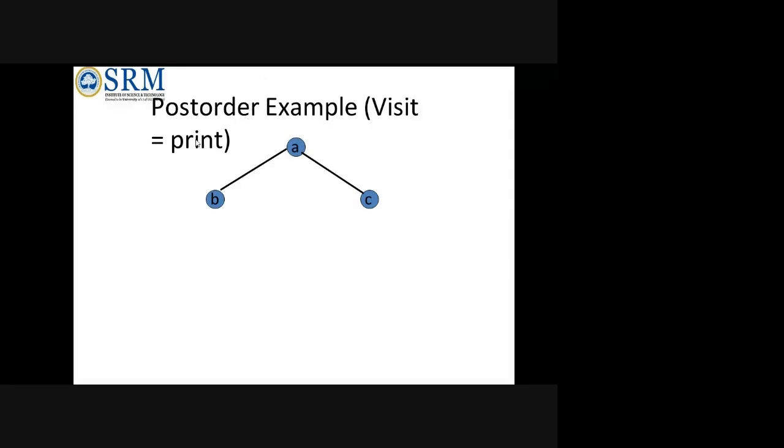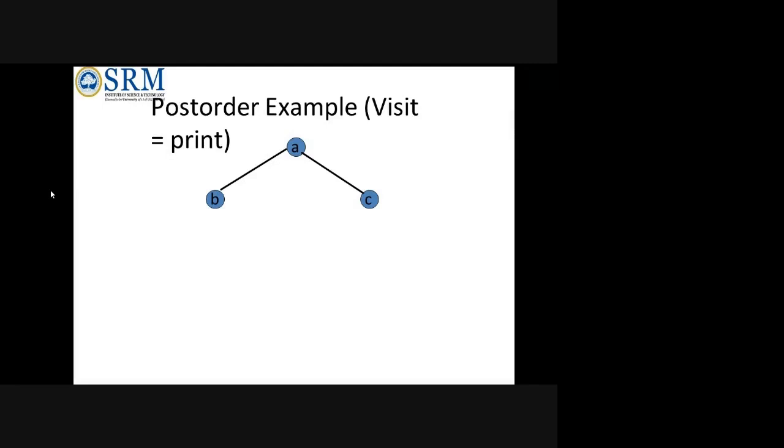But in-order you should know very well, because for many problems you will be using in-order only. Many algorithms on the binary search tree use in-order, since it gives an ascending order. So it is easy to find the minimum node and the maximum node, and then to find the successor and predecessor.